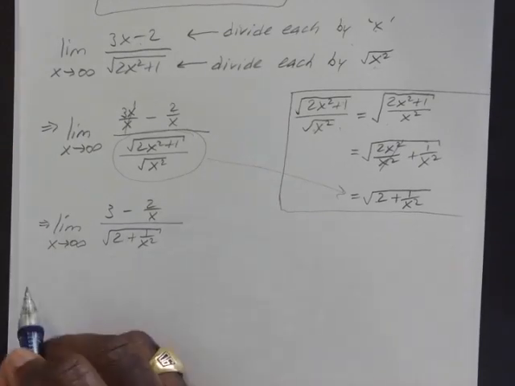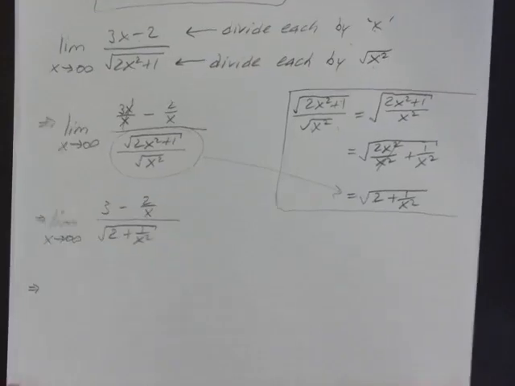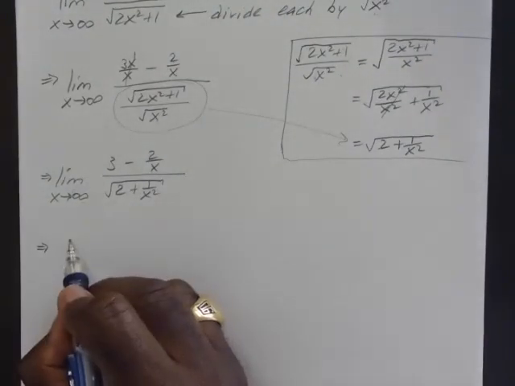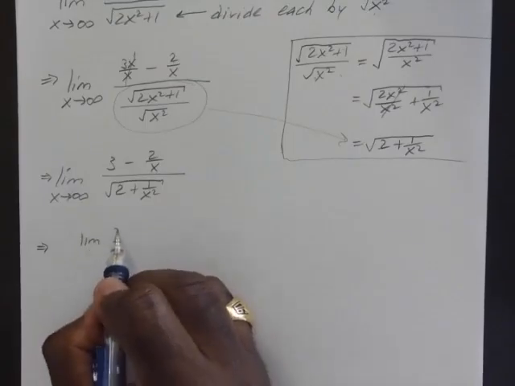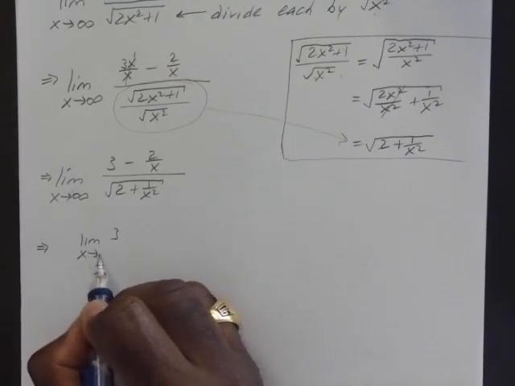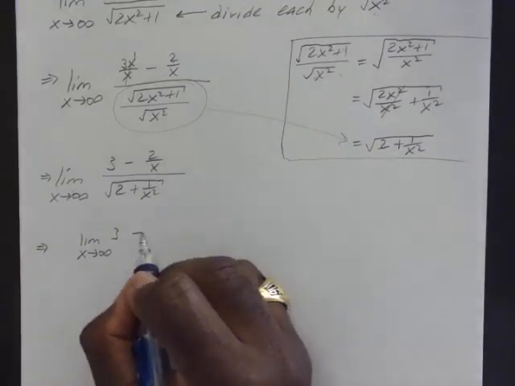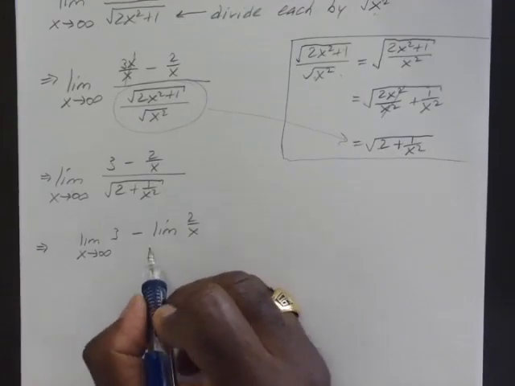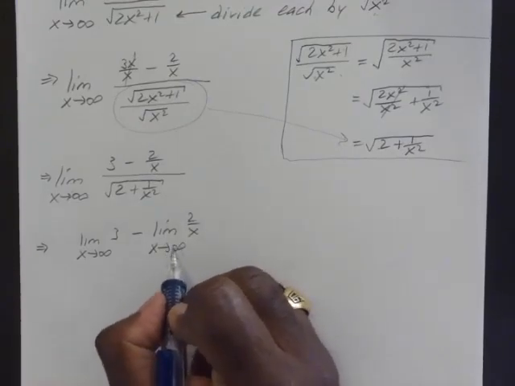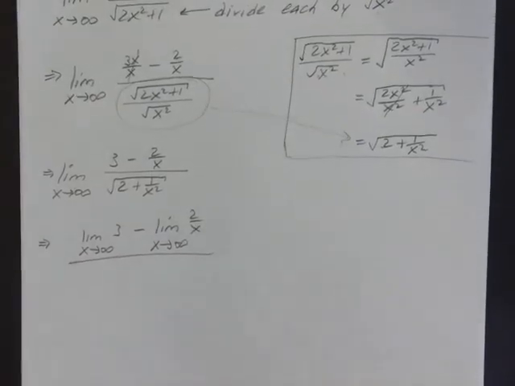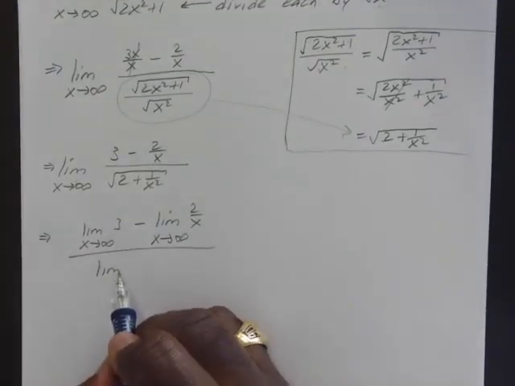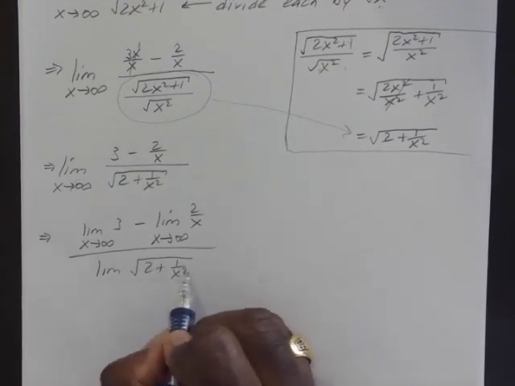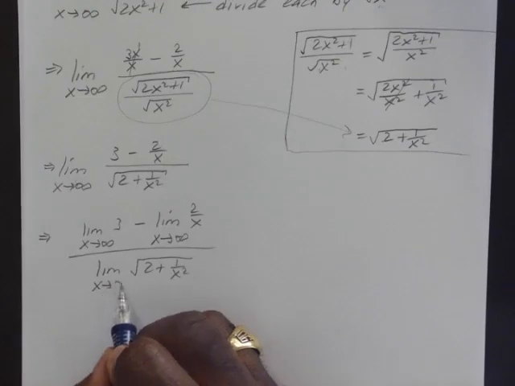Okay. And again, this next step you can skip once you're comfortable with it. We're just going to take the limit of each term. So we have the limit of 3 as x approaches infinity, minus the limit of 2 over x as x approaches infinity, divided by the limit of the square root of 2 plus 1 over x squared as x approaches infinity.